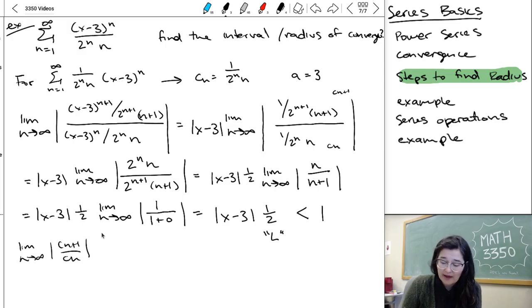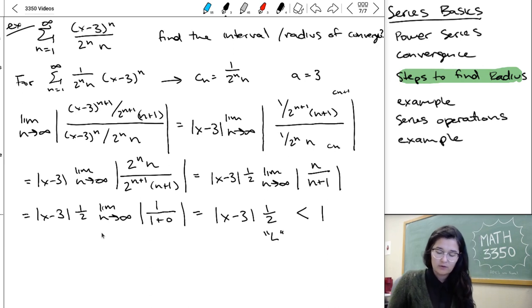If you evaluated that, you would go through the exact same steps and eventually get to that 1/2 is your L. Just so you know, that's where that step kind of comes from in the ratio test definition.